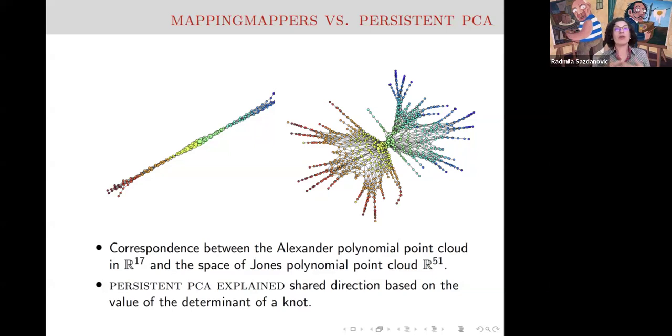But now, using mapping mappers, we managed to see that one dimension, the principal component of the Alexander polynomial, is actually shared with the Jones polynomial. So it can be mapped onto the three-dimensional structure of the ball mapper. And later you're going to see that this is what the determinant is, which is a specialization of both of these polynomials.